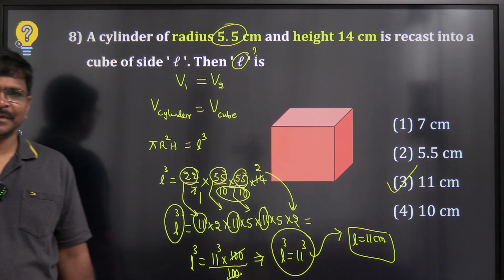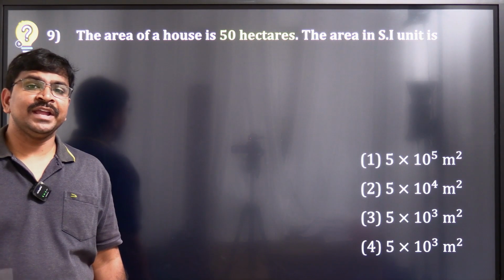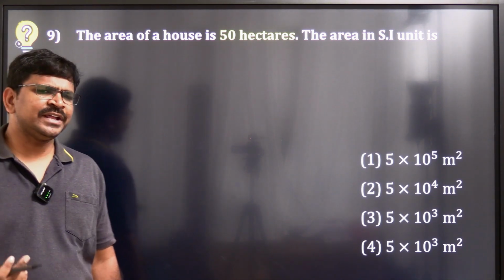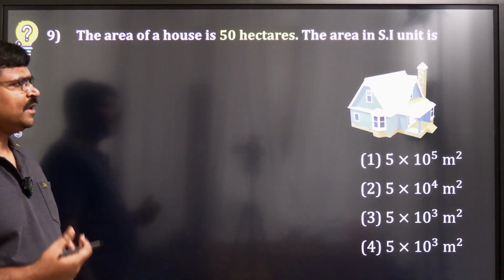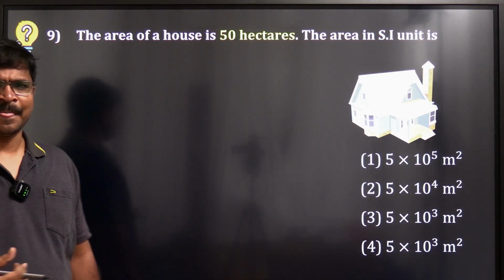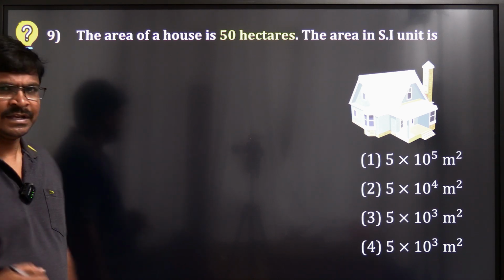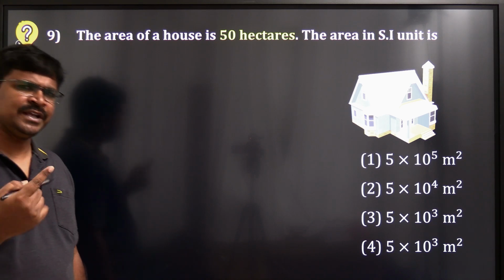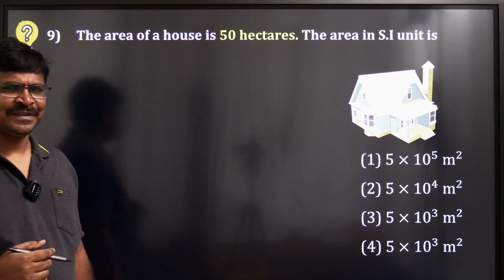Okay. Next. The area of the house is 50 hectares. And the area in SI unit is simply meter square. So let me take here a beautiful house. Let us assume that is your house, and your house area is given as 50 hectares, and that 50 hectares must be converted into the SI system, that is meter square.